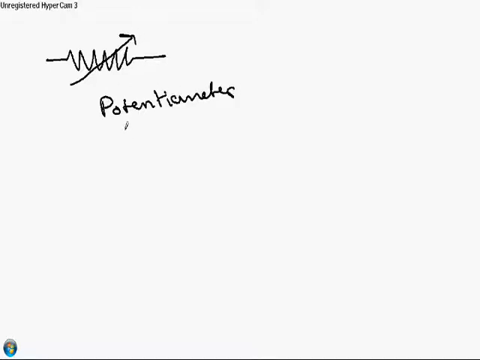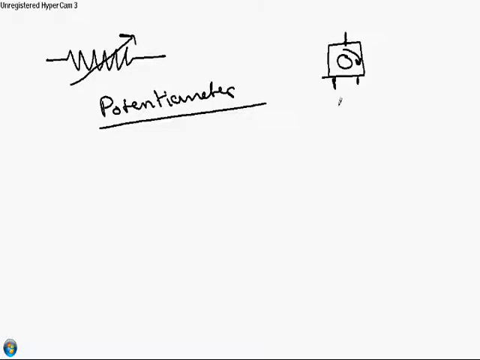Now, the potentiometer is like two resistors put into one. So it's a 3-pin device, which I wish I could draw. You've probably seen what these look like. I wish I had one to show you, but it's generally like a box, and there's a pin here, and there's a pin here, and there's a pin out here, and there's a dial that you can spin to change the ratio between the two.